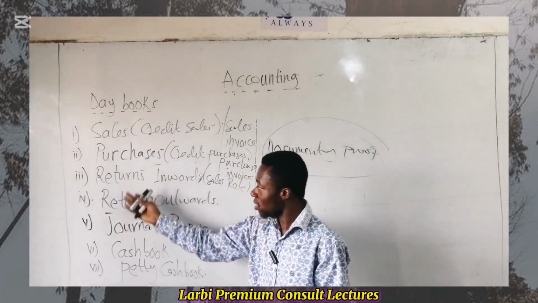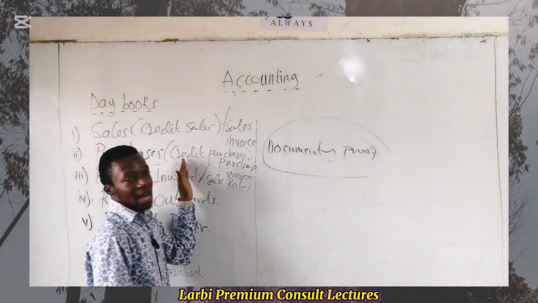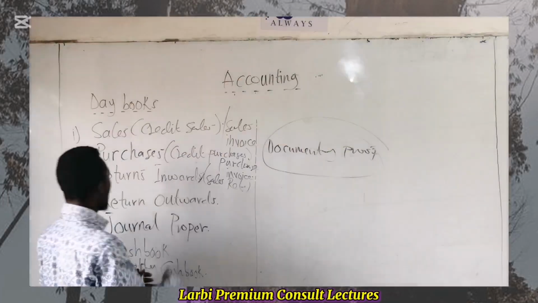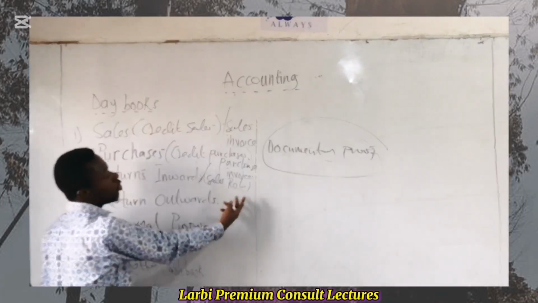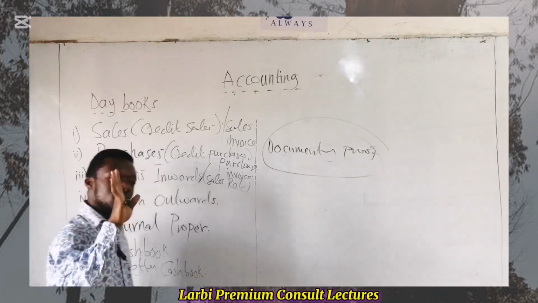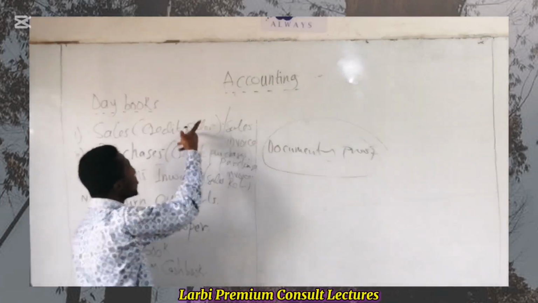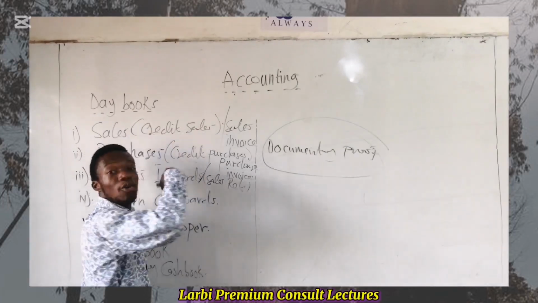For any transactions that occur as a result of returns from customers, of items you sold to them on credit that they return back to the business, a book called the return invoice daybook, or sales returns, will be used to record such transactions. I hope you are following that. So here we are coming from the sales daybook, because we sold an item to them on credit.